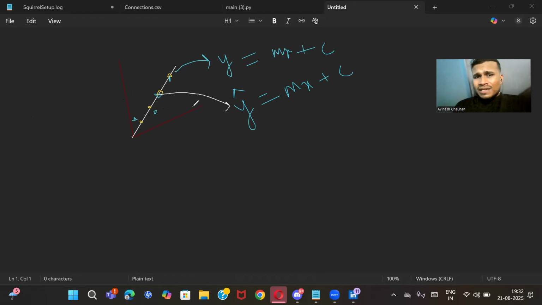For each particular point, we are predicting using the slope of that point.